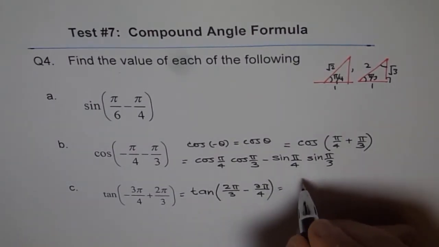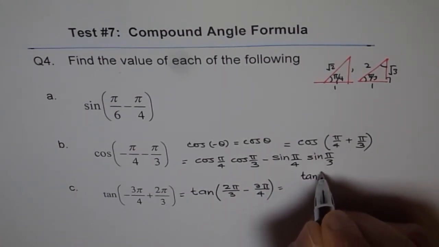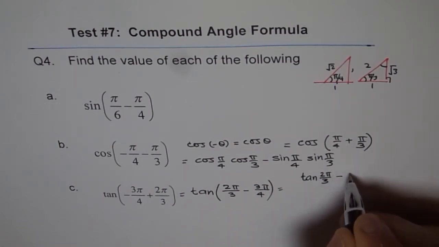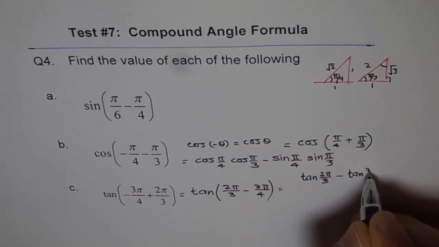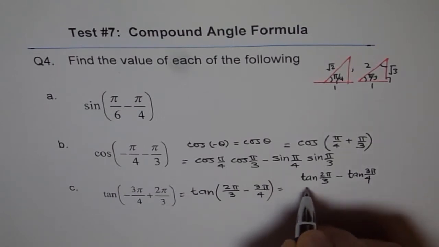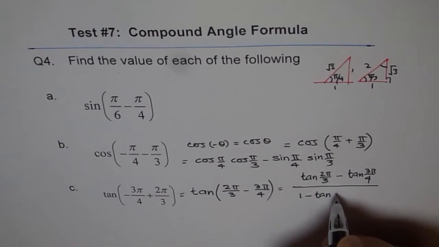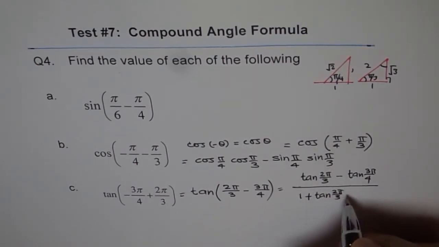The formula you remember is tan A minus tan B, which is tan of 2 pi by 3 minus tan of 3 pi by 4, over 1 plus tan A tan B, which is tan 2 pi by 3 times tan 3 pi by 4, correct?